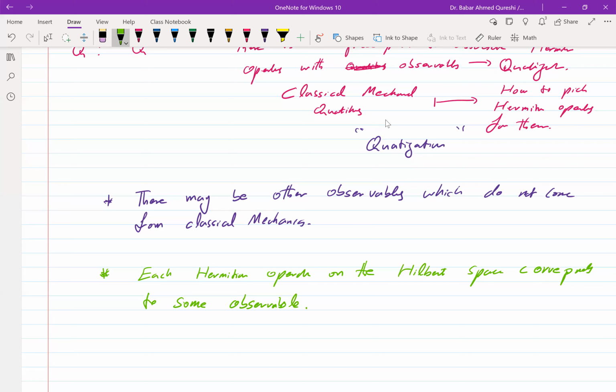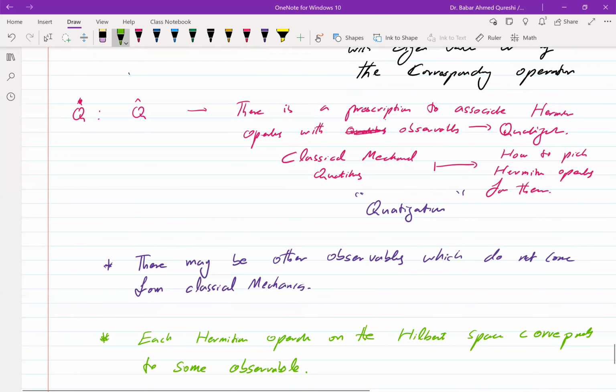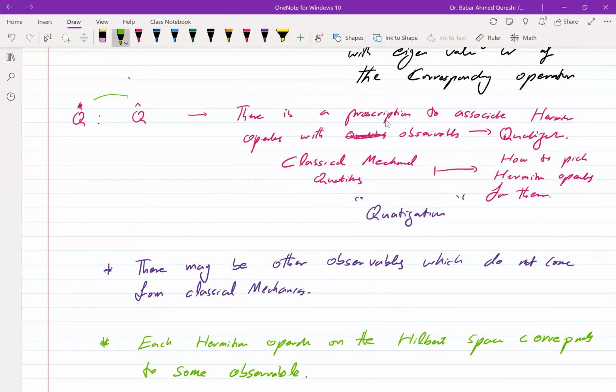So it's a two-way process between experimental observations and what the theory has to offer. In any case, you can take this relation in either direction: you have quantities and Hermitian operators associated with them, or you have Hermitian operators which will describe for you some observable quantities.